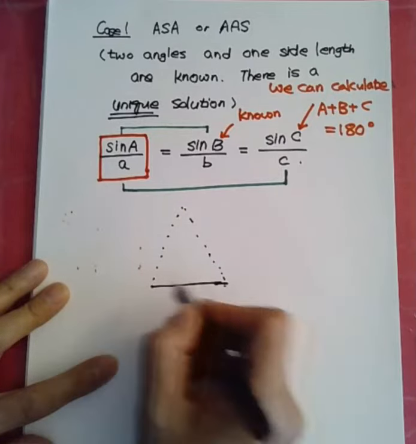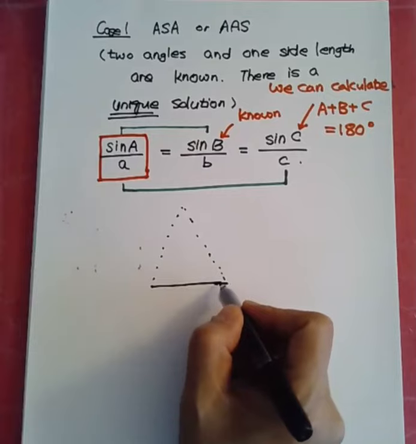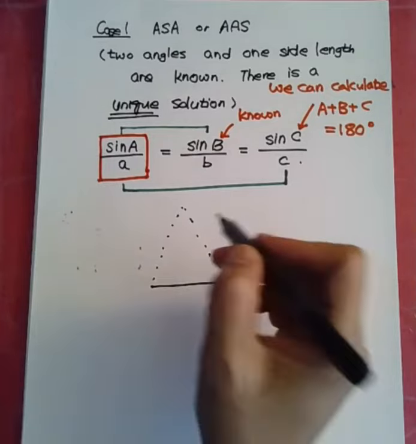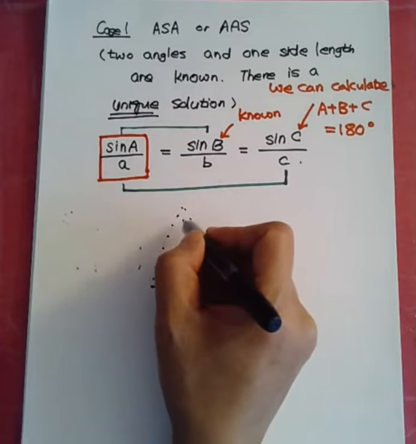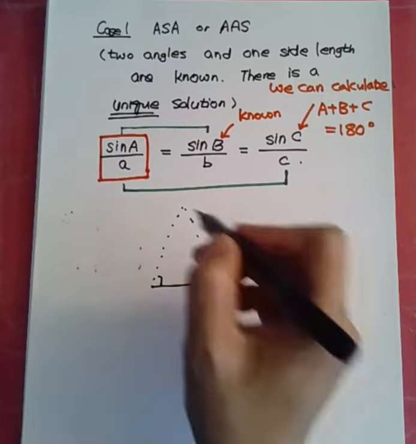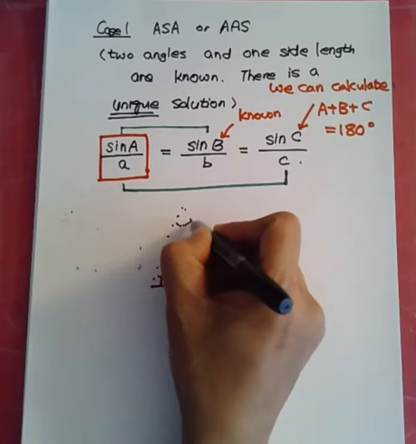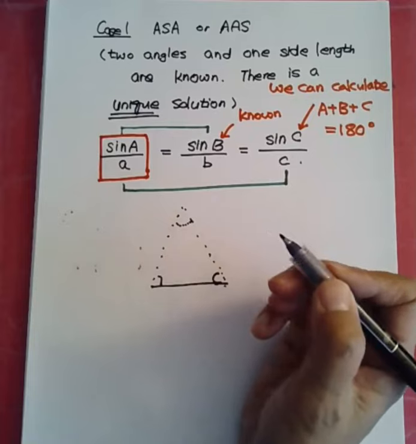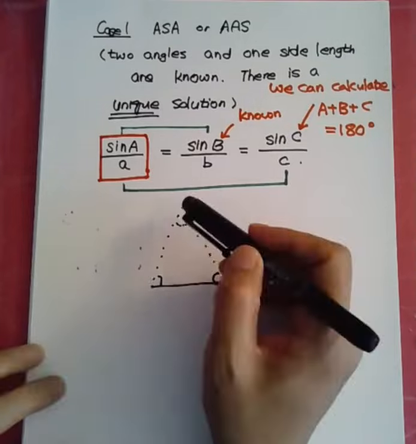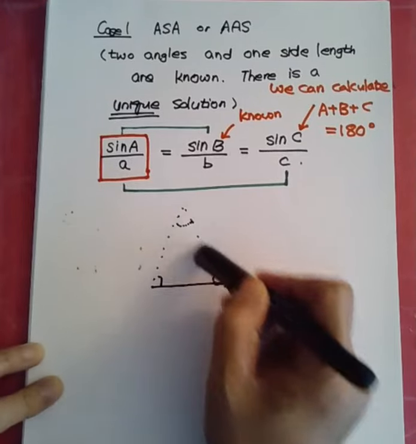One side length is known, and the two angles are known, and then this part is implicitly known. So all three angles are known, essentially, and the problem is about finding two missing side lengths.